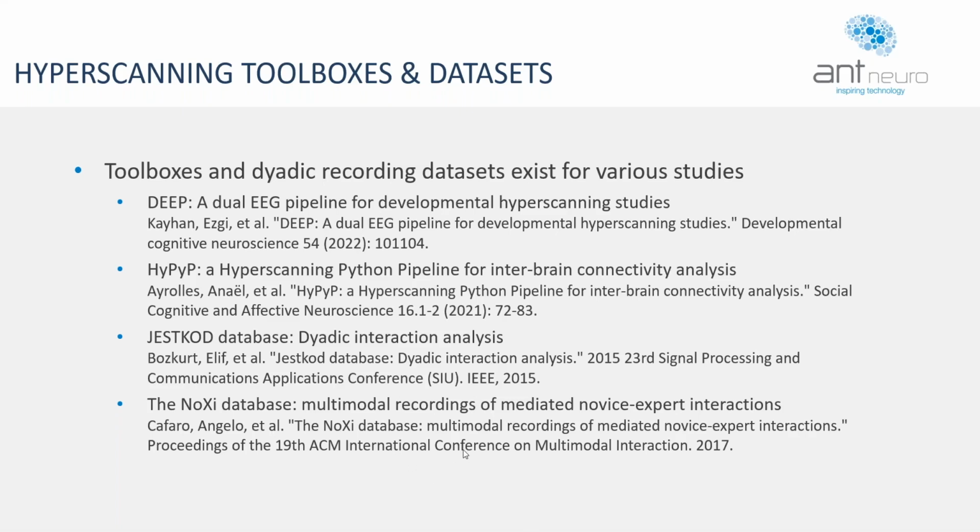The next is the NOXI database, where they have different sorts of inputs. They have motion capture data, they have gestures and smiles again, and you have all of this data in novice-expert interactions. Again, the database is freely available if you want to look at a little bit of dyadic hyperscanning data or dyadic data that you could employ to find out more about what you do in a hyperscanning context.